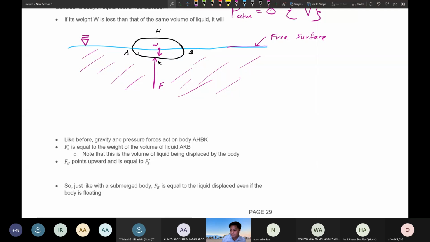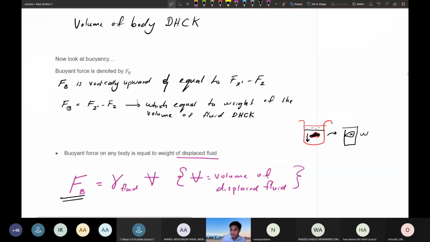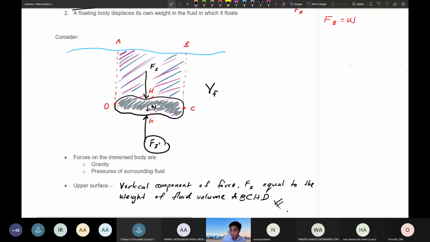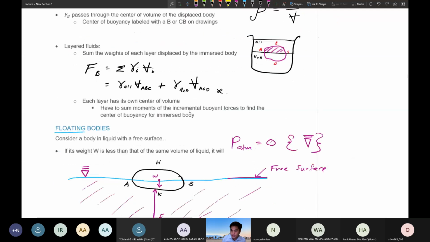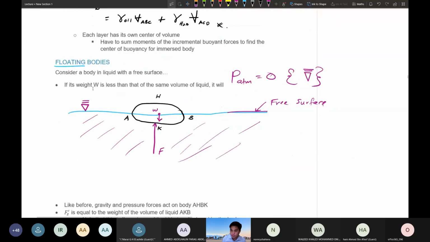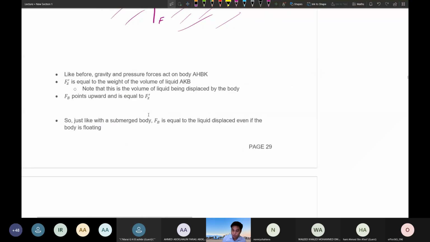Previously, the buoyancy force acted on the complete body. However, if we have a floating body, it is half above the free surface and half below the free surface. So what do you need to do?